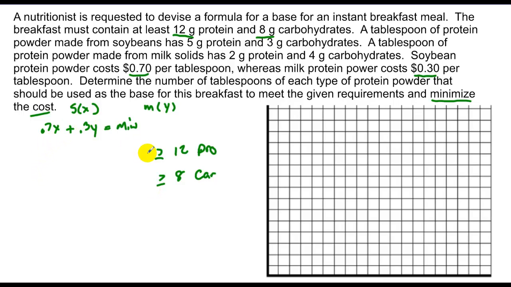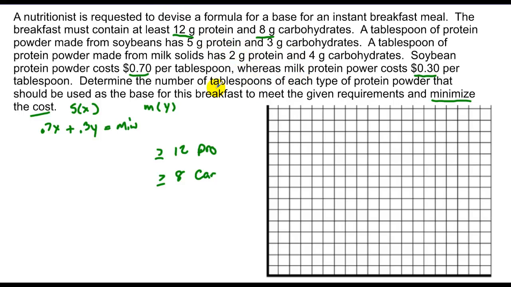And now I want to find information on protein powder. So protein powder has within it some protein and some carbohydrate. And that's the soybean type. And then I know my milk solid has 2 protein and 4 carbohydrates. So each type of powder has protein and carbs in it. I just want the protein information.